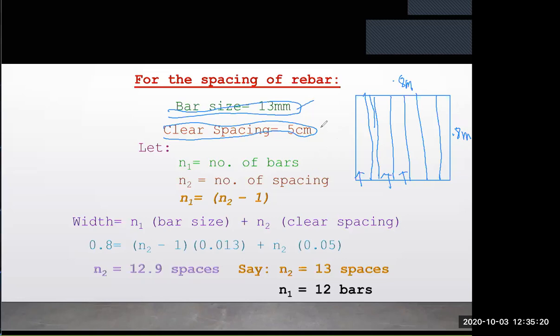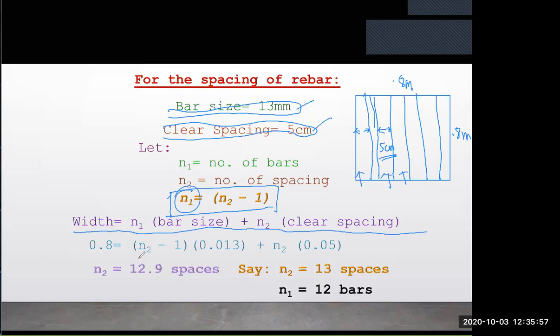If we use a 13 mm bar, and the clear spacing, that is the spacing from bar to bar, okay, that is 5 centimeters. Then you use this formula here, where N1 is the number of bars and N2 is the number of spacing. So I need to determine N1. So the width, that is N1 multiplied by the bar size, and N2, that is now the clear spacing.